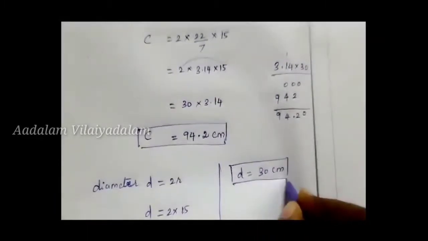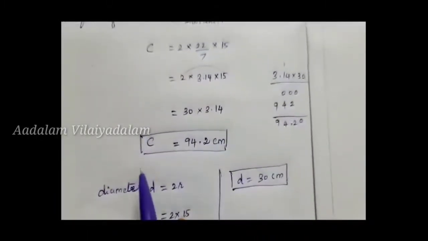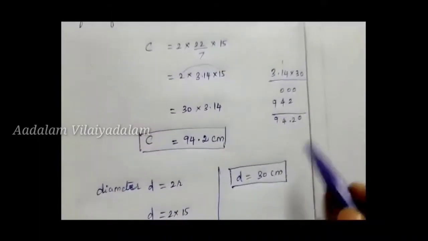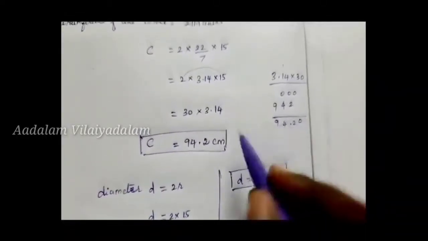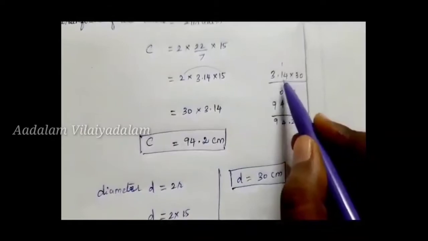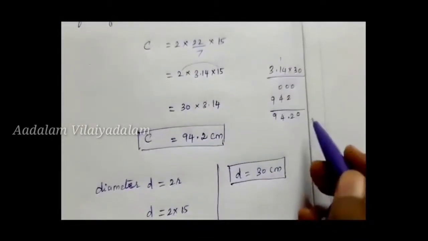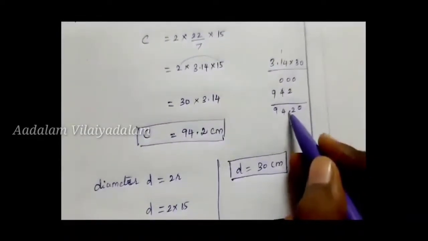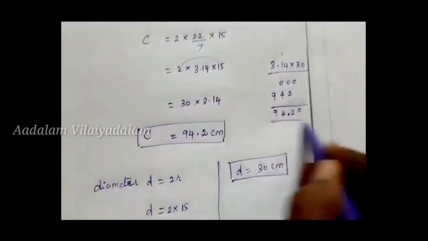Therefore the diameter is 30 centimeter and the circumference is 94.2 centimeter. One more thing you have to remember in this multiplication: there are two decimals after the decimal point. So we move two digits forward, then we keep the decimal point, 94.20, so that we get this value.